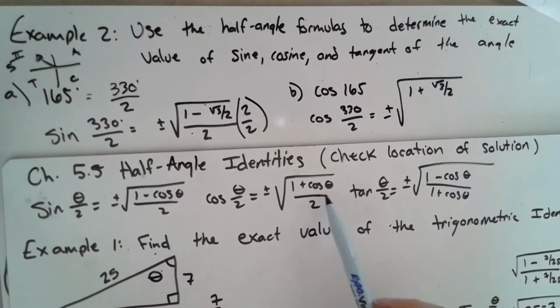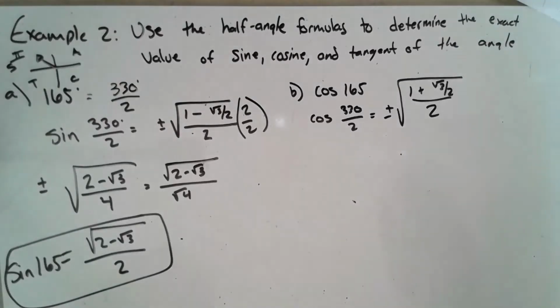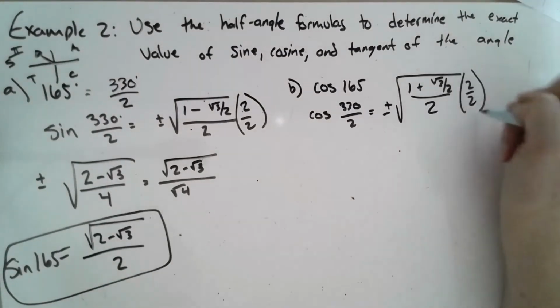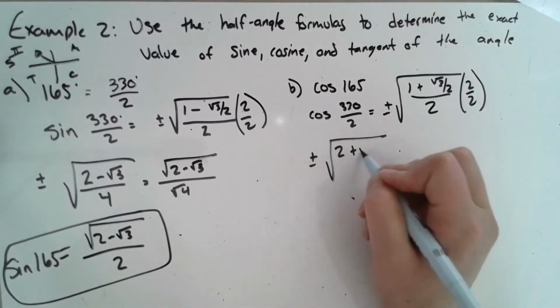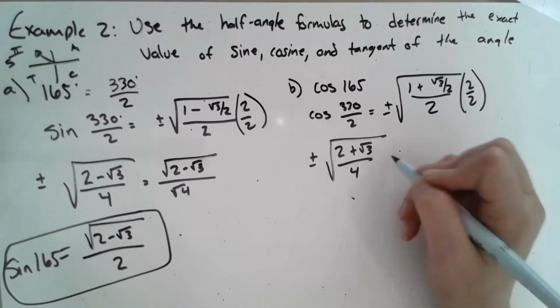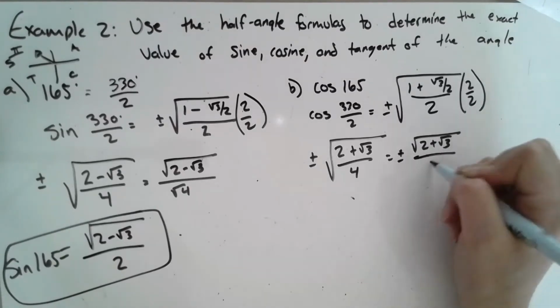So cosine of 330 degrees is square root 3 over 2, divided by 2. We're going to do this the same way. We're going to times this by 2 over 2. So we get plus or minus square root of 2 plus square root 3 over 4, which is plus or minus the square root of 2 plus square root 3 over 2.